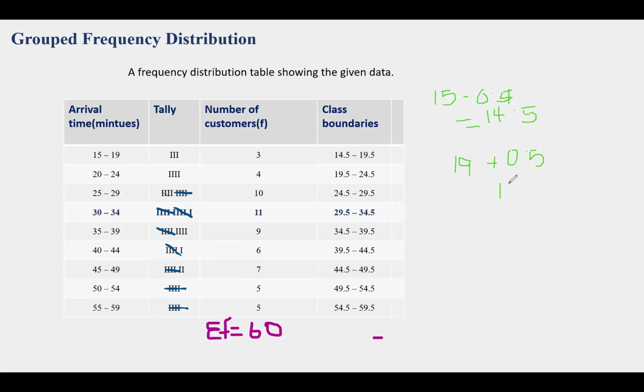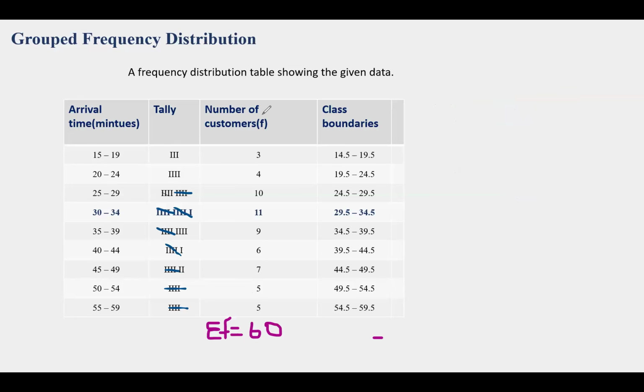That's why we have 19.5. So you do that for the rest of the classes to get their lower and upper class boundaries. Here I got the summation of the frequency, which is 60, which is basically the number of customers that entered that particular shop after 11:10 a.m.